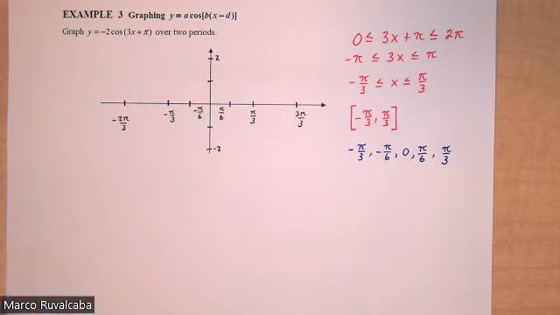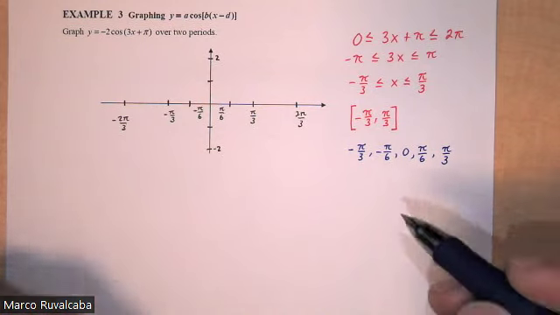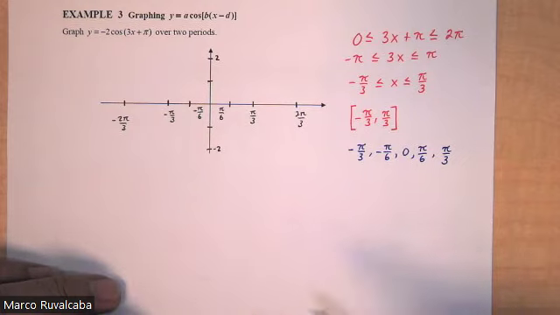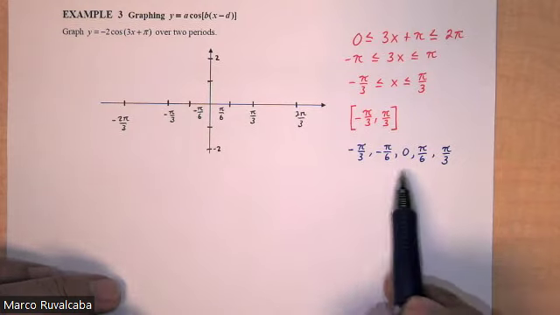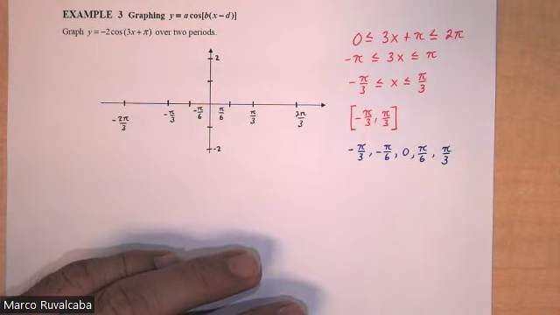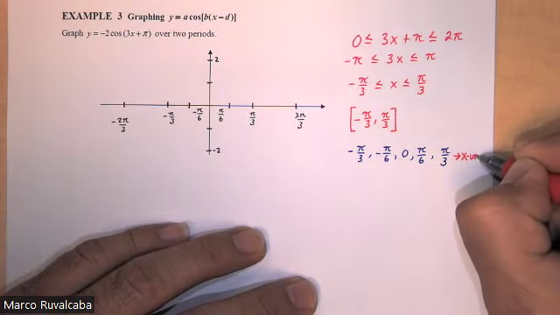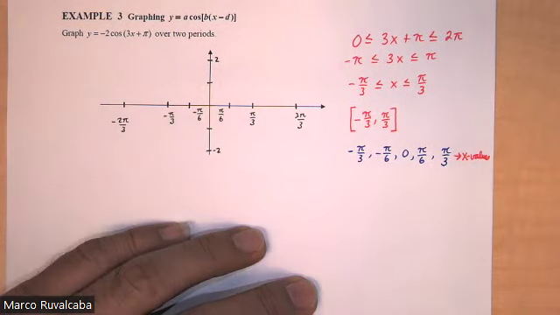Okay, and then doing it the same way with the table that I showed you earlier, you can come up with, so these will be your X values.